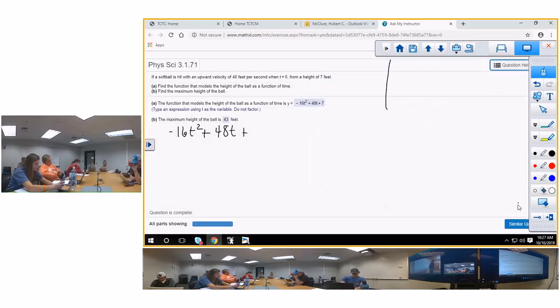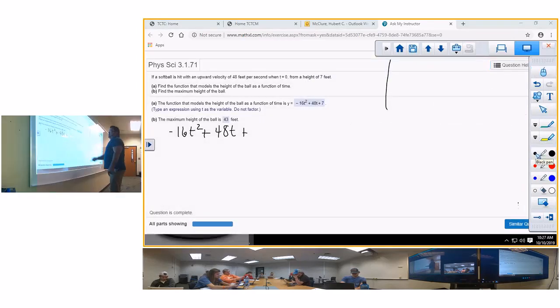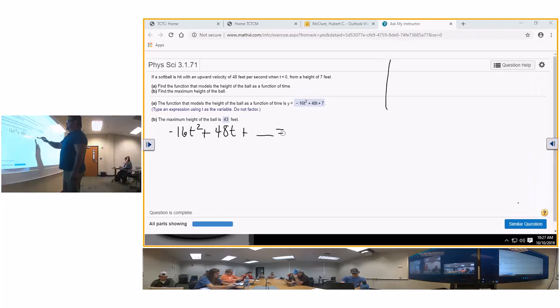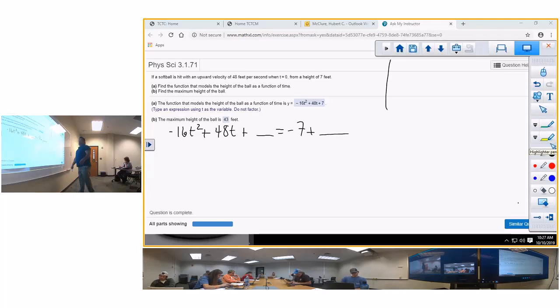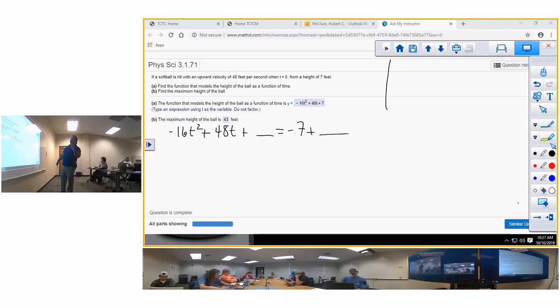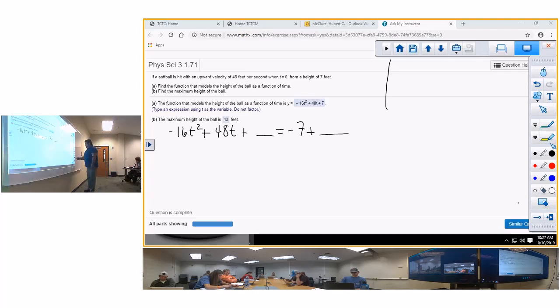Our initial height is 7 feet plus blank is equal to negative 7 plus blank. All right, I'm gonna let y'all do this part. No, we can't do it. We gotta plug in something, don't we? Okay, no, we don't. No, I guess not. I guess I got this mixed up with the college algebra class. I can't remember.